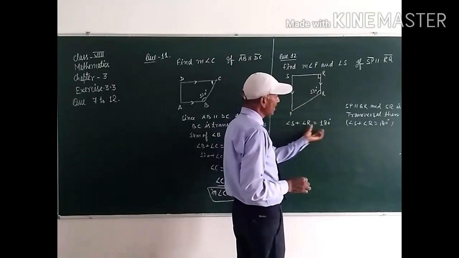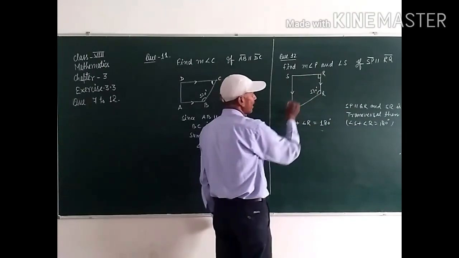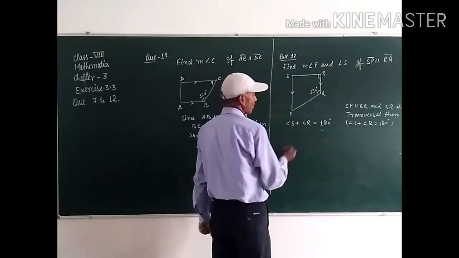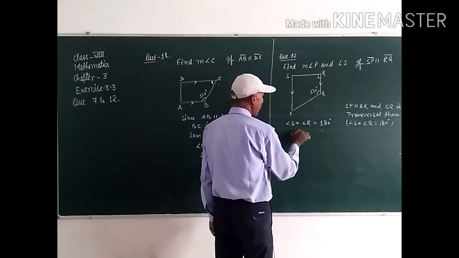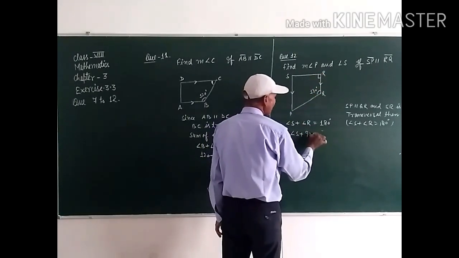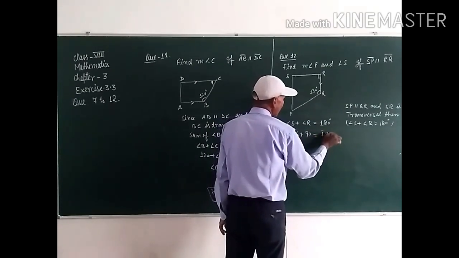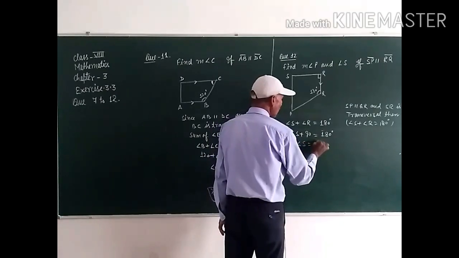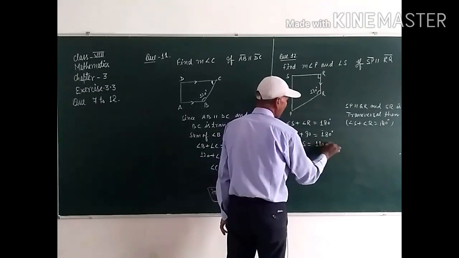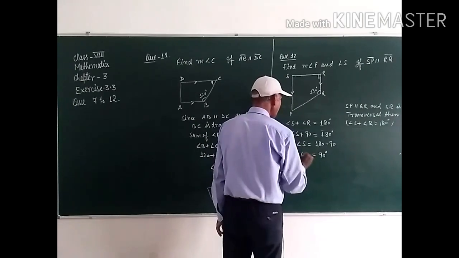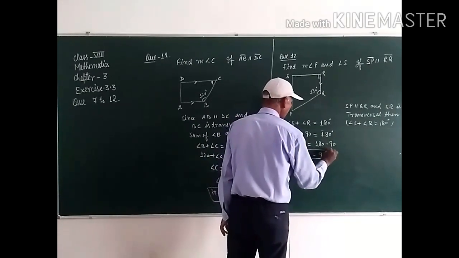So, angle S plus angle R will be 180 degree, because these are co-interior angles same side of transversal. So, angle S plus this one, this is 90 degree student. So, 90 is equal to 180 degree. Now angle S is equal to 180 minus 90, is equal to 90 degree. The value of angle S is equal to 90 degree.